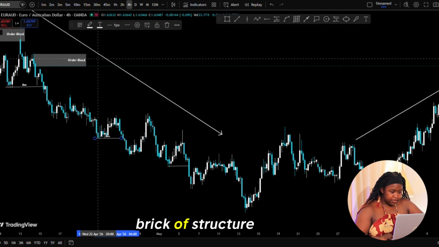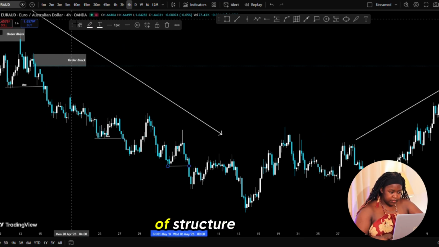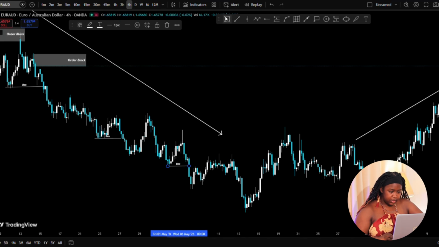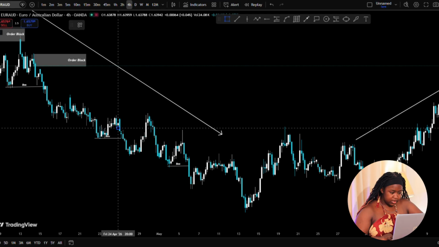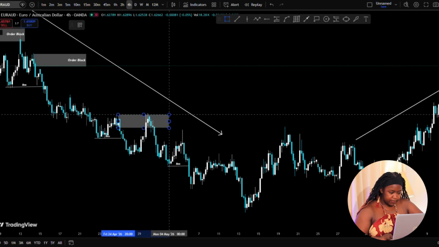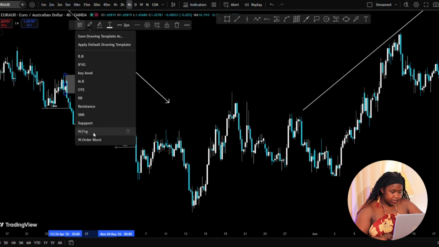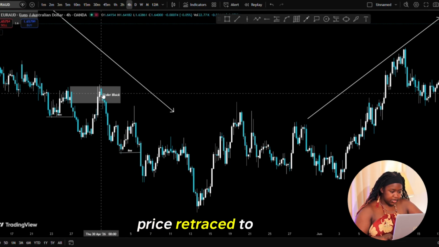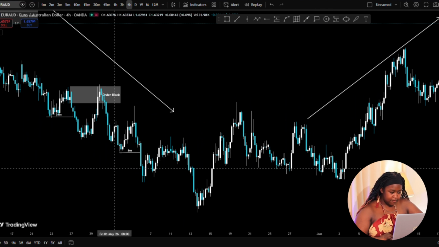This is a break of structure, and also this is a break of structure. So marking the key levels, here we had this order block, and as you can see, price retraced to this order block before it targeted sells.